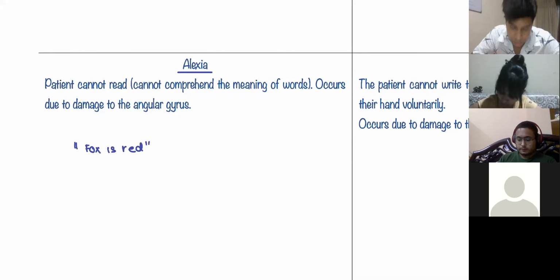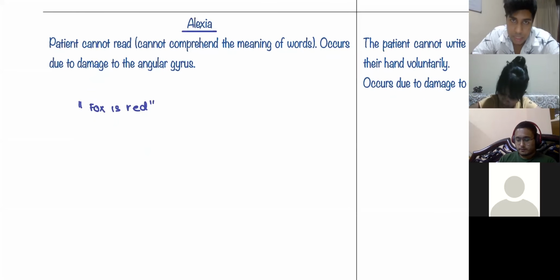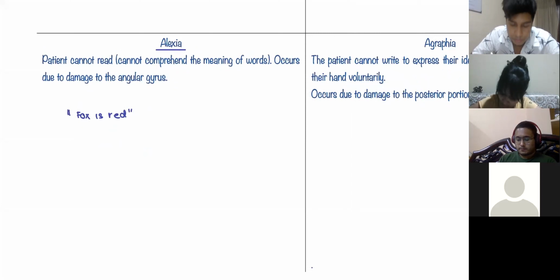When they read, they will keep reading, but it will never register in their head that it is talking about a fox who is red. They can't understand those words.